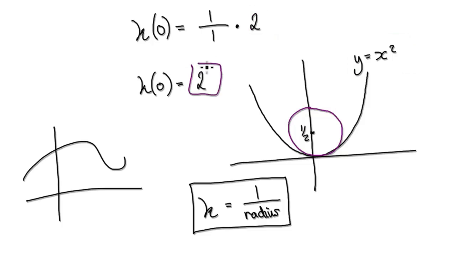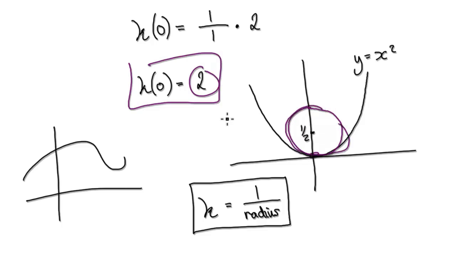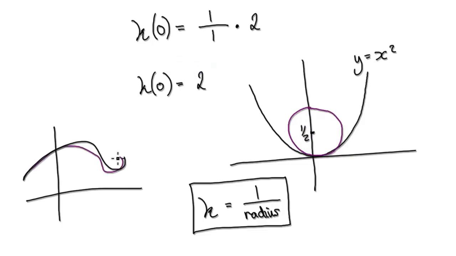The curvature is 2. But here's the thing. You can fit a circle of radius 1 over the curvature. If the curvature is this, the radius is 1 over the curvature. I will elaborate more on this, but for the time being, all that you know is that the curvature at the origin is 2. But what I'm saying here is that you can fit a circle of radius 1 over the curvature, which is a half. You can fit this circle neatly at the origin, because for any curve, let's say at this point here, you can fit a circle neatly into the curve at that point there.